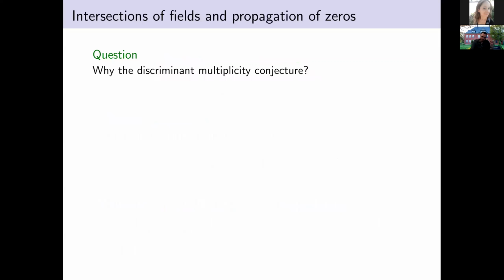So I do want to spend some time talking about why we need some sort of field counting type result here in this work of Pierce, Turner-Butterbaugh, and Wood.